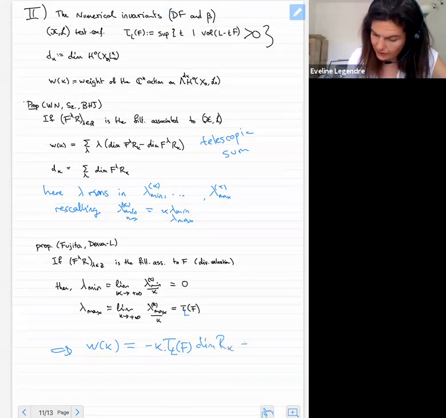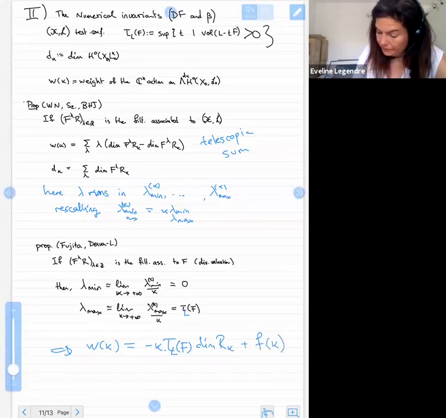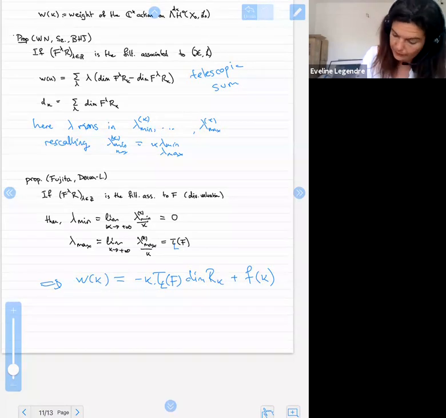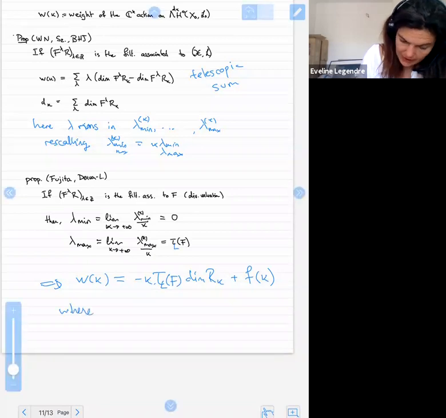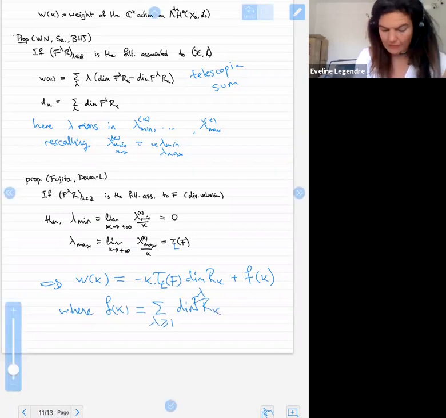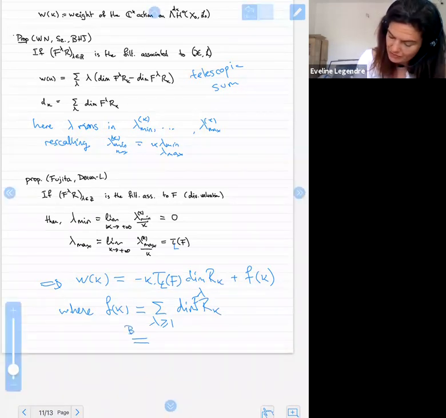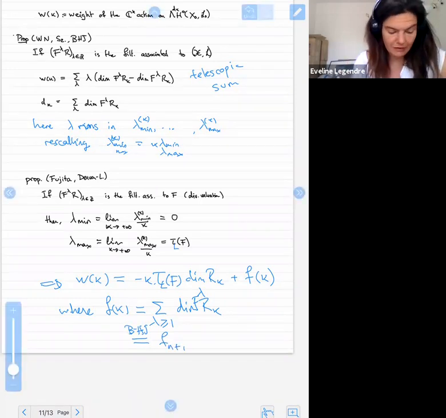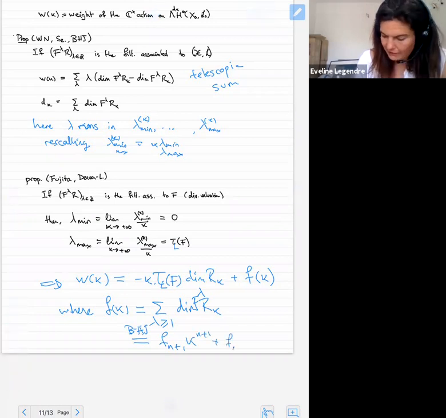And then the dimension of R_k plus some function F_k that has been studied by Fujita, where F_k is equal to the sum over lambda greater than or equal to 1 of the dimension of F lambda R_k. And using theorem 3.1 in the Boucksom-Hisamoto-Jonsson paper, we can say that this has the following expansion: F_{n+1} k^{n+1} plus F_n k^n plus o(k^{n-1}).